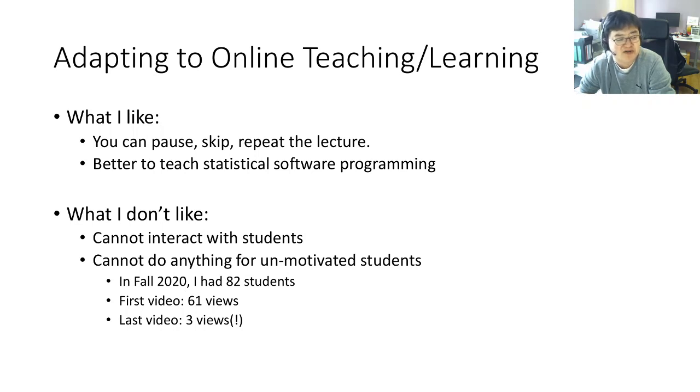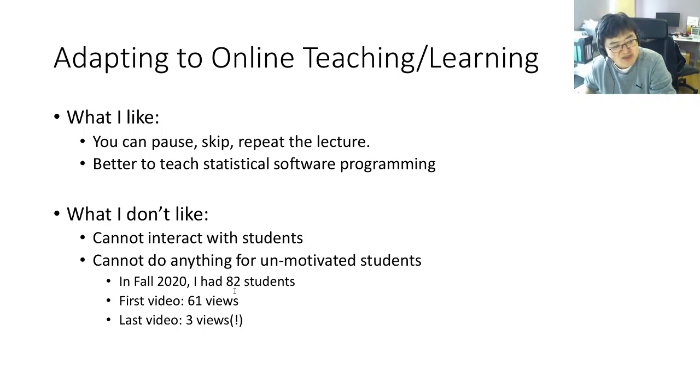Last semester, I taught 320, and I had 82 students in two classes. On my YouTube channel, the first video of chapter 1 had 61 views out of 82 students. Okay, it's not bad. I expected some students not to watch the video at all.